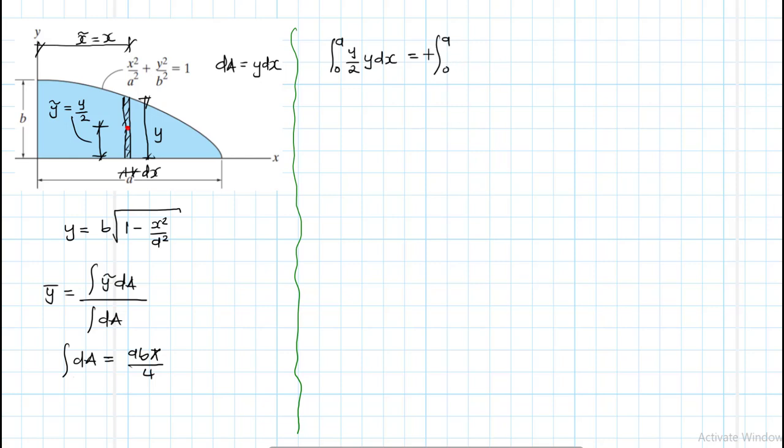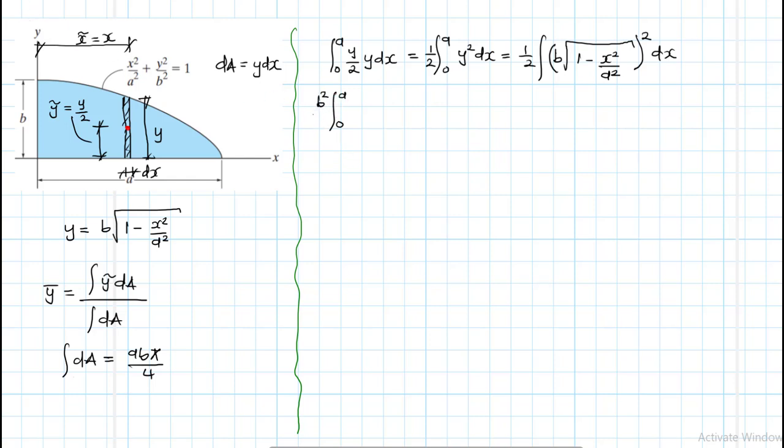We factor out the half, then this becomes y squared dx, and we know that our y is nothing but b times the square root of 1 minus x squared divided by a squared, squared like that, dx. So the b becomes b squared, which we can factor out.